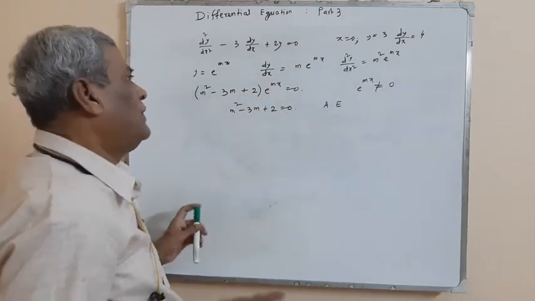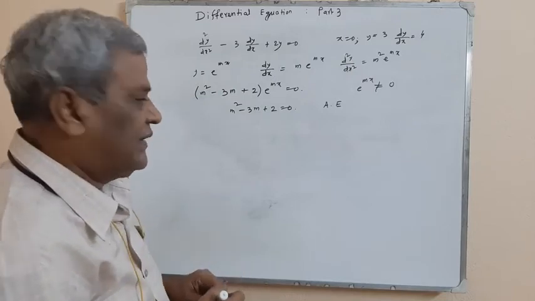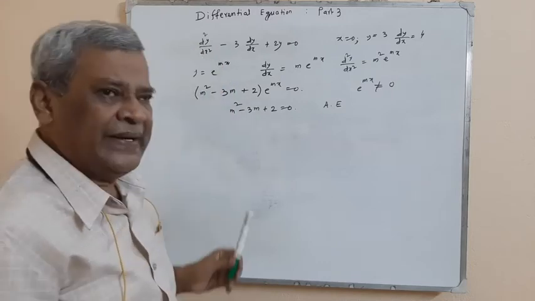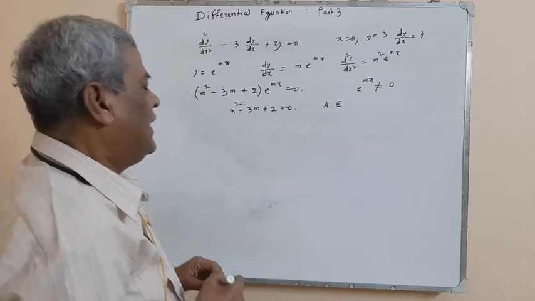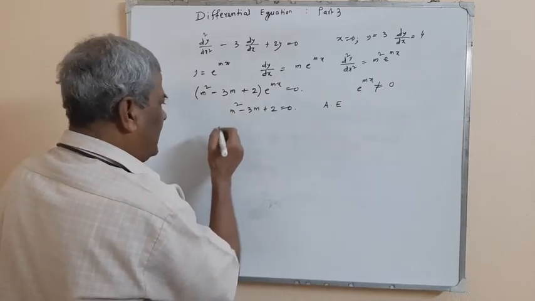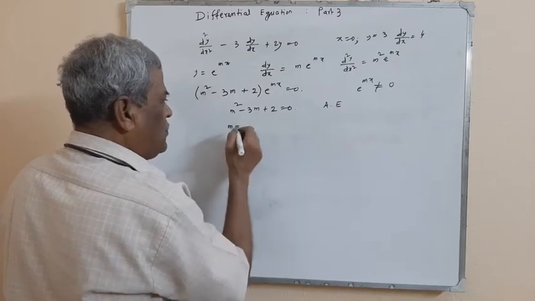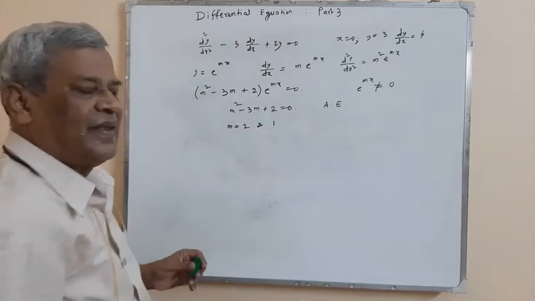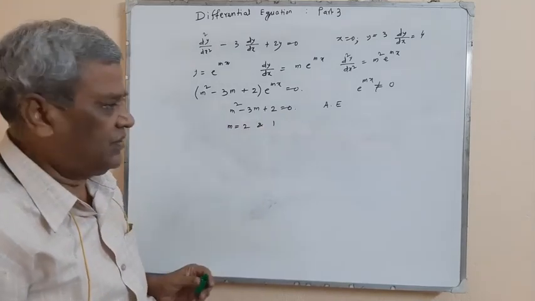So first of all, you obtain the auxiliary equation. Now solve it. If it is second order, it must have two roots. Here by factorizing, m is equal to 2 and 1. The roots are real and distinct.